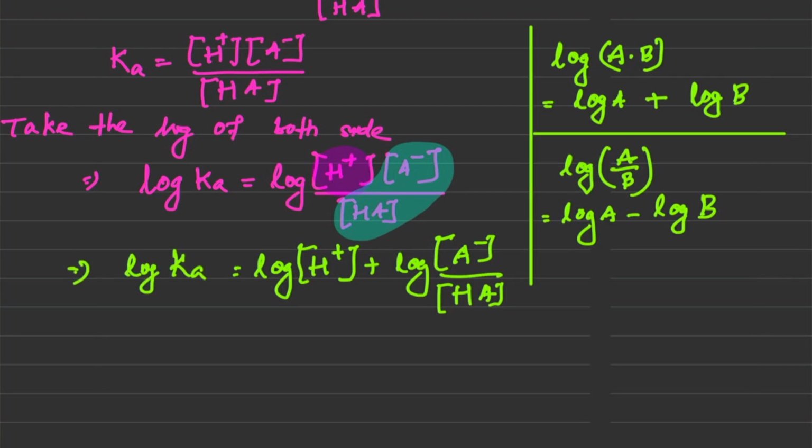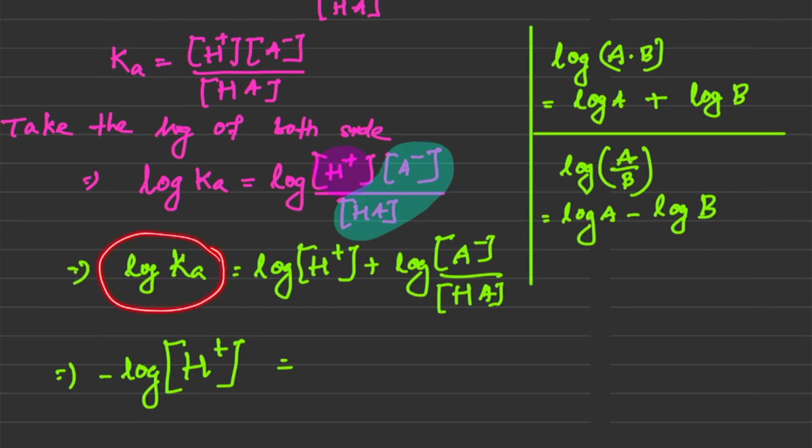At this point, I will rearrange the equation slightly. I'm going to move this term from the right side to the left side. When we do that, the sign changes. Before it was plus, on the left side it will become negative log of H+ ions. The same thing will happen when I bring this term from the left side to the right side.